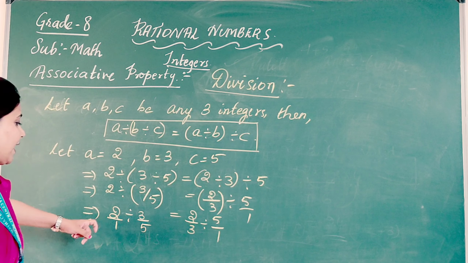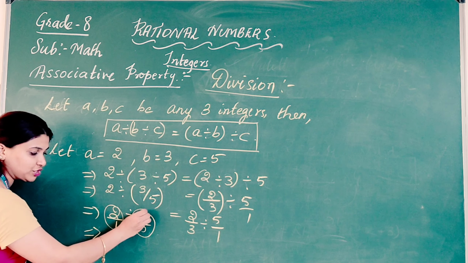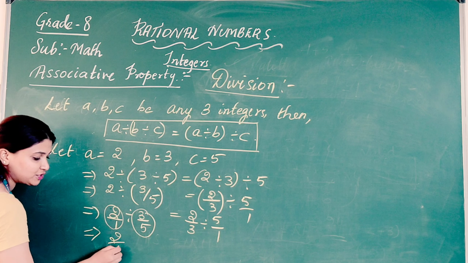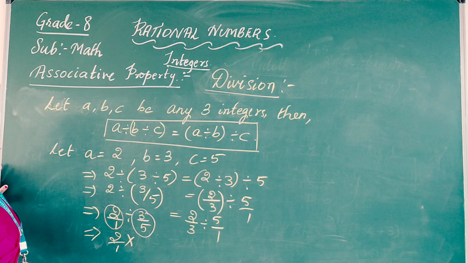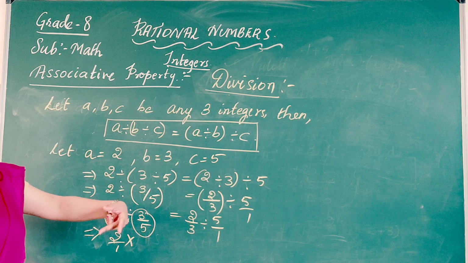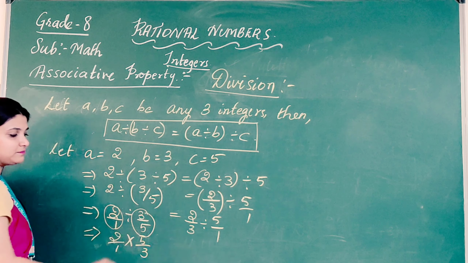The first fraction will be as it is, that is 2 by 1. Division will become multiplication. 3 by 5 will become its reciprocal, that is ulta, 5 by 3.